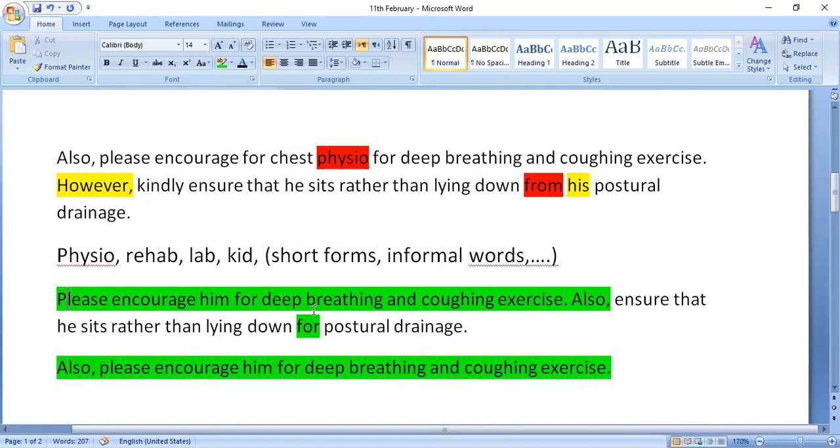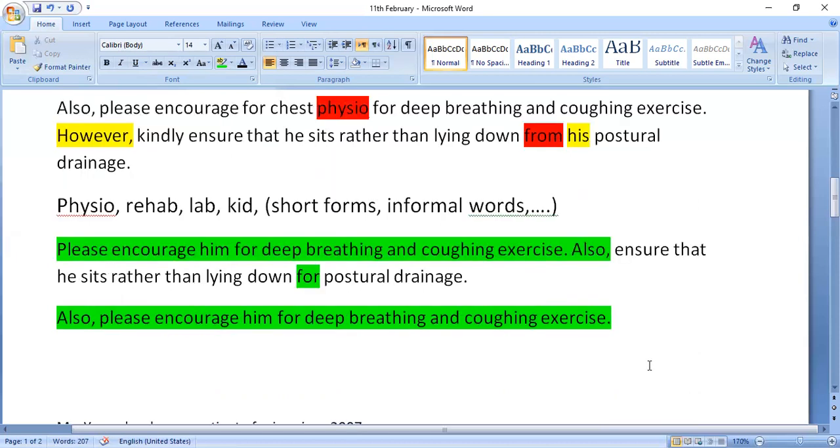Also ensure that he sits rather than lies down would look better. Lies down, okay, for postural drainage. So like this. No, still let us improve it.